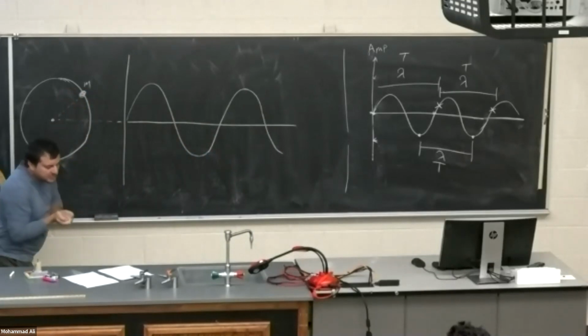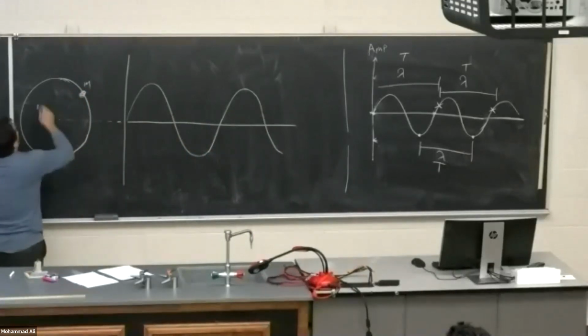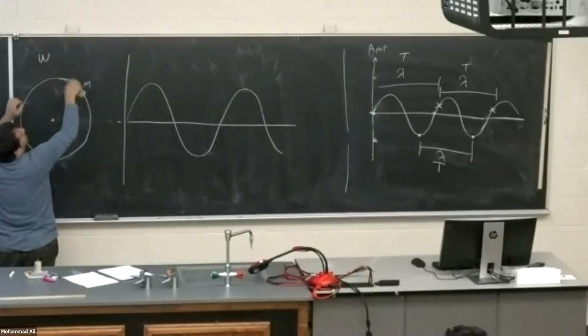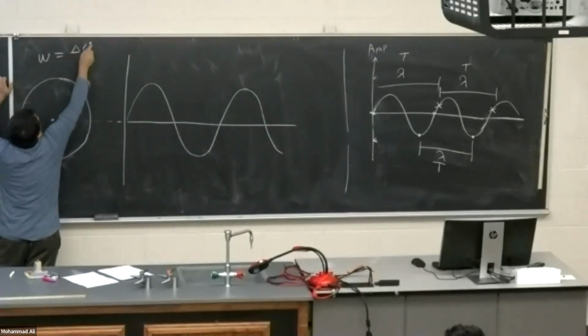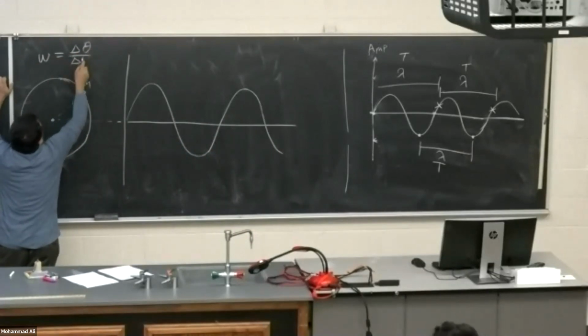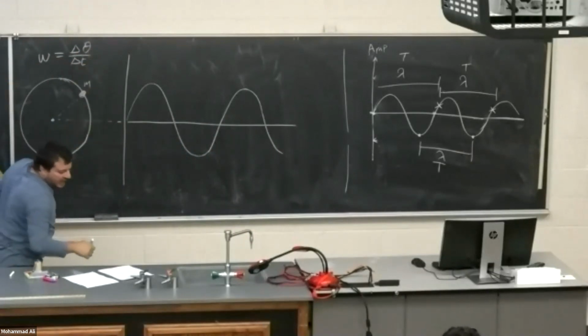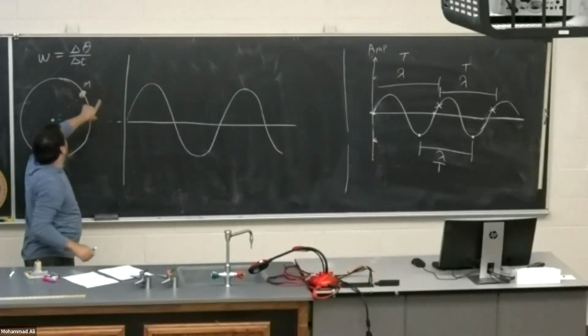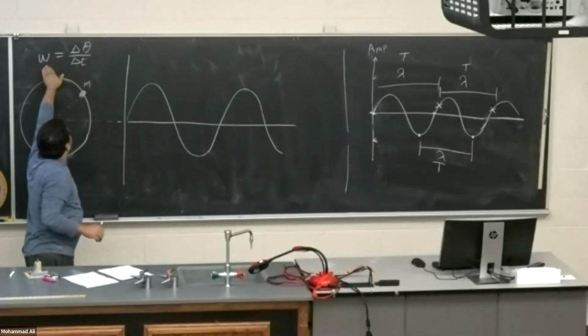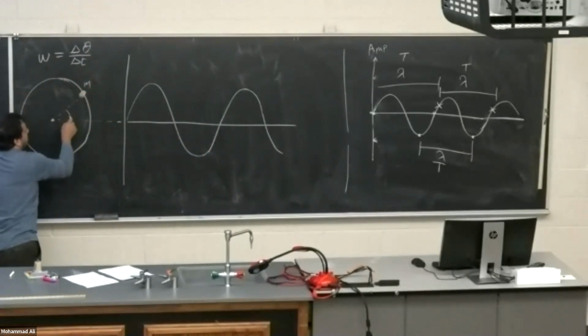And omega for this mass, omega, which is the angular velocity, as you know, it is delta theta over delta t. I have it here, yes. There is a relation between omega and the change in theta, and this is theta.